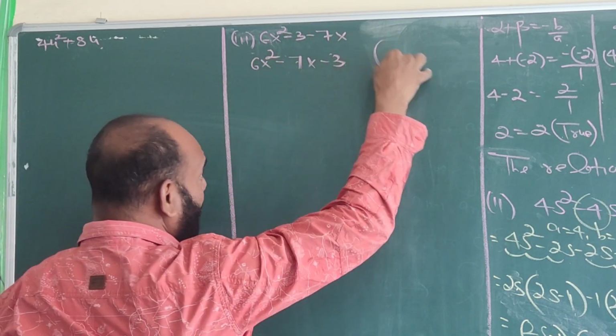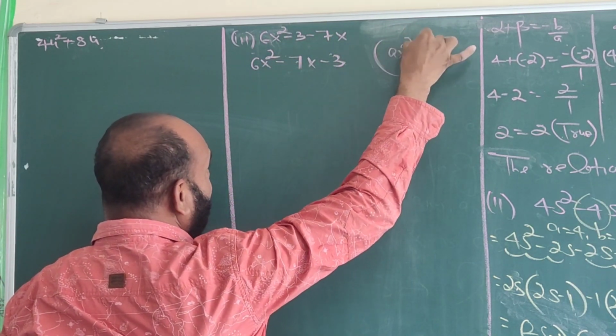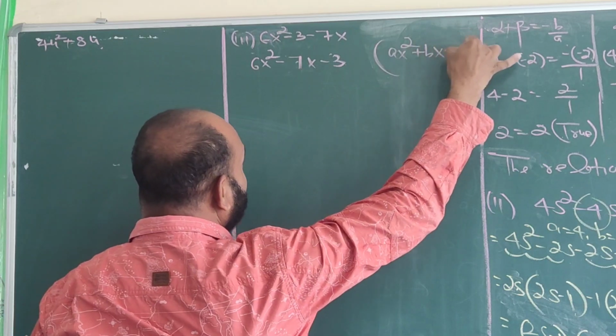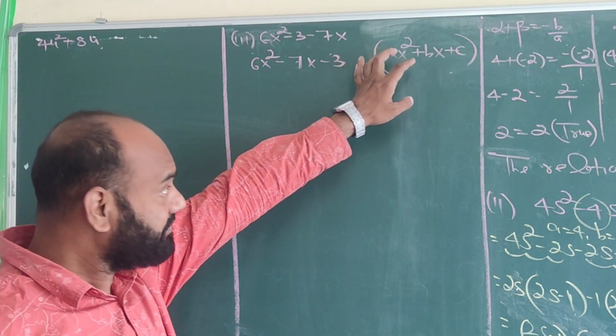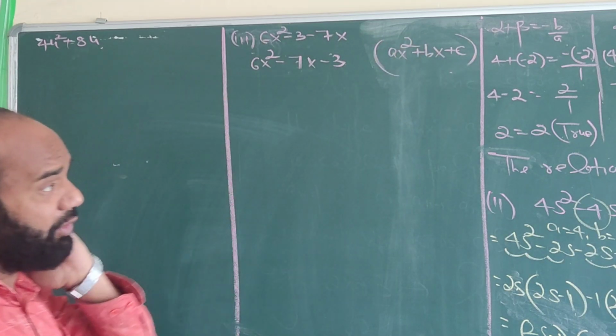This is the required standard form ax square plus bx plus c, the standard form of a quadratic polynomial.